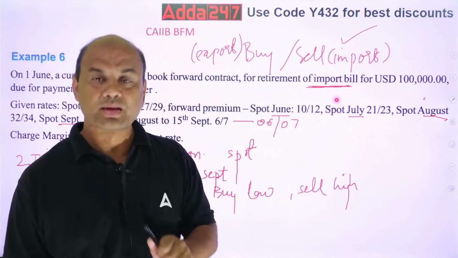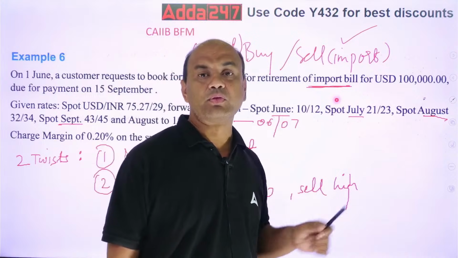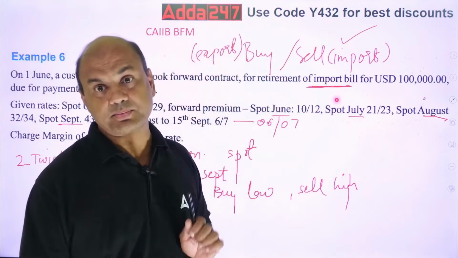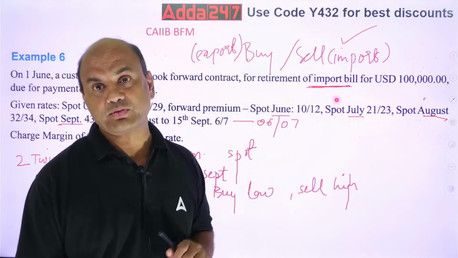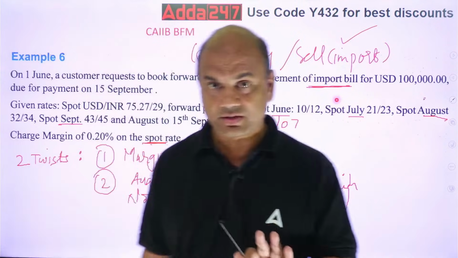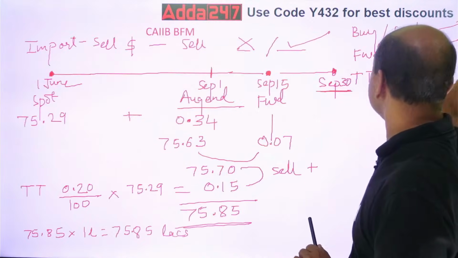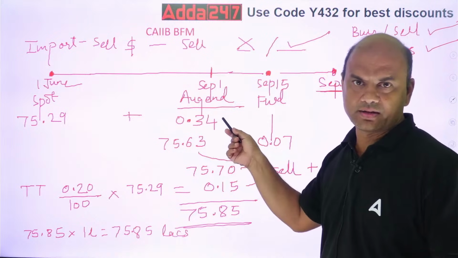Okay? Now I'll ask you one question. I want the rate for September beginning. So September beginning means what rate will it be? August end. Isn't it? It will be August end. Right?